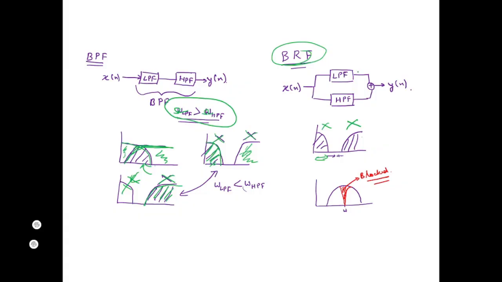We will take the signal output from the low pass filter, take the signal output from the high pass filter, and then add them, and we will get the band reject filter. And the notch filter is just a critical case of the band stop filter where we are subtracting or negating only one specific frequency. Okay, clear?